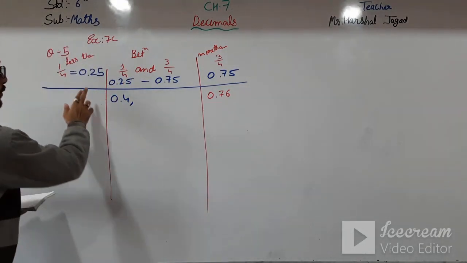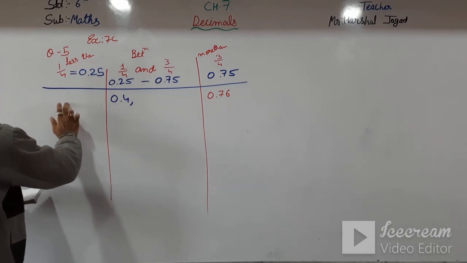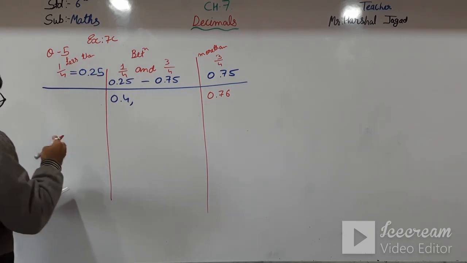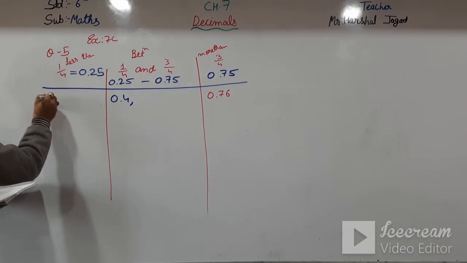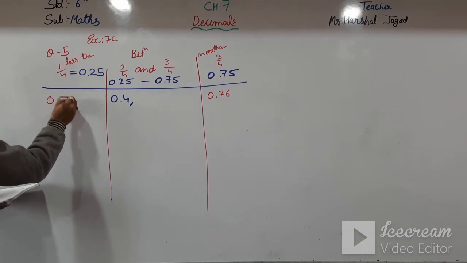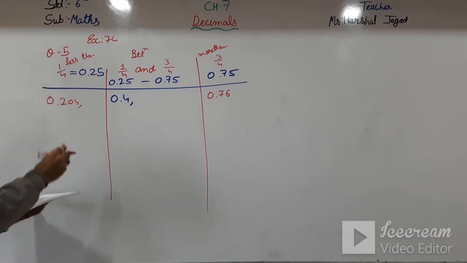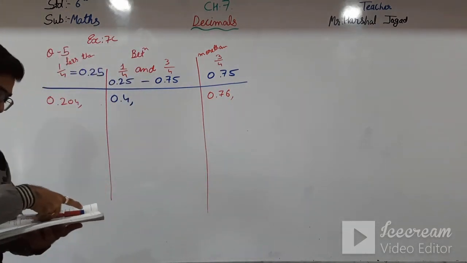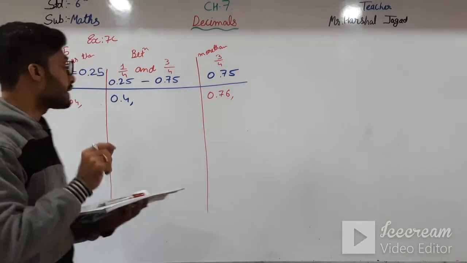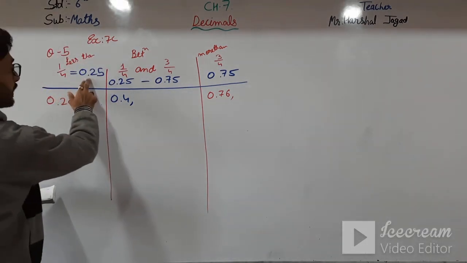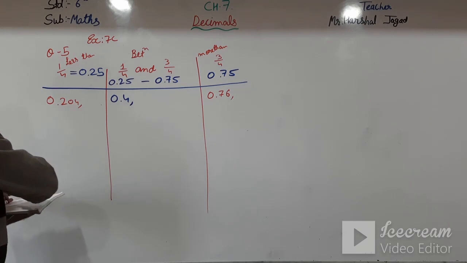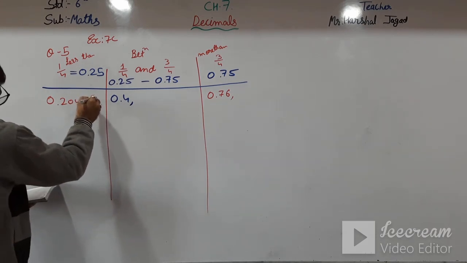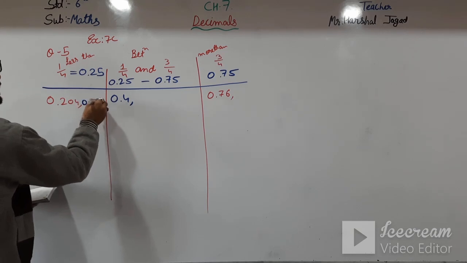Then it comes 0.204. It is less than this, so I will write 0.204. Another one, the fourth one, that is 0.096. It is less than this, so I will write over here only 0.096.